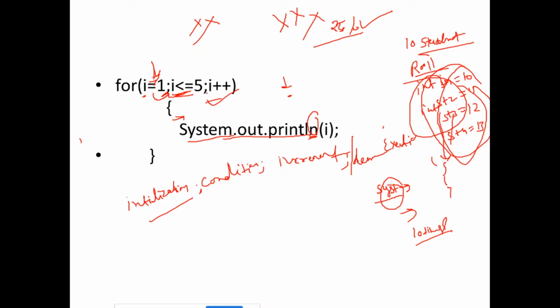After that it is going to increment, i plus plus. Once it prints, it will go to i plus plus. What does i plus plus mean? i plus plus means i plus 1, right? Either you can write it like this over here, or you can write this, because this is very simple.